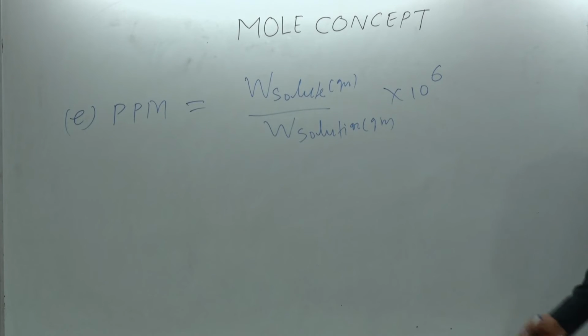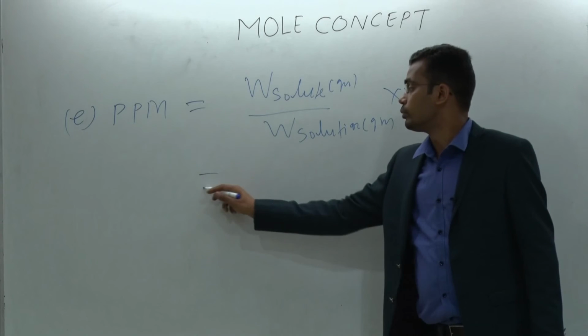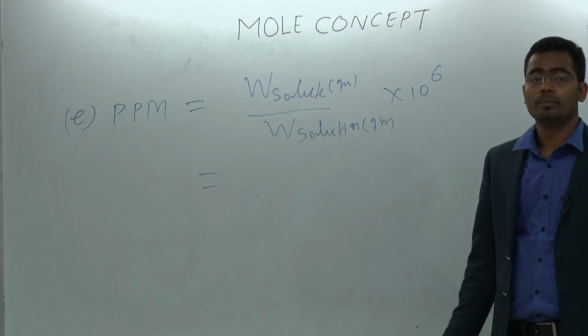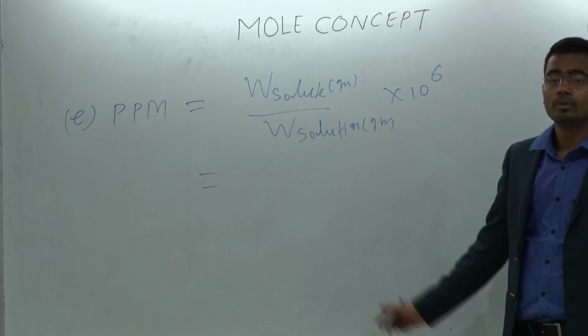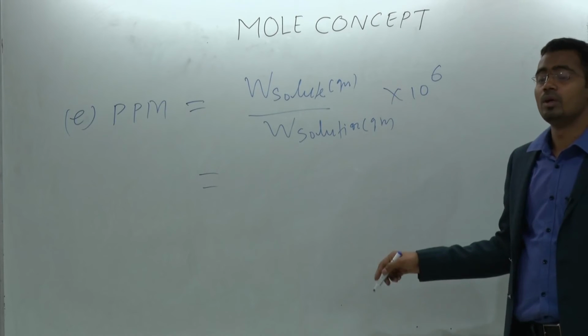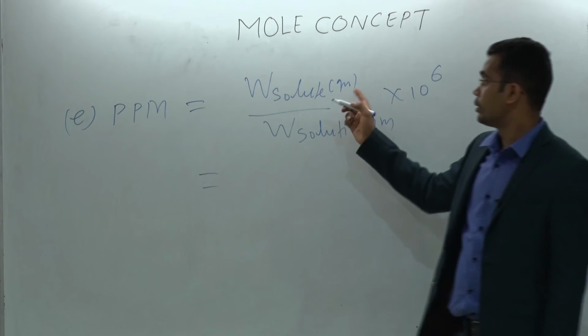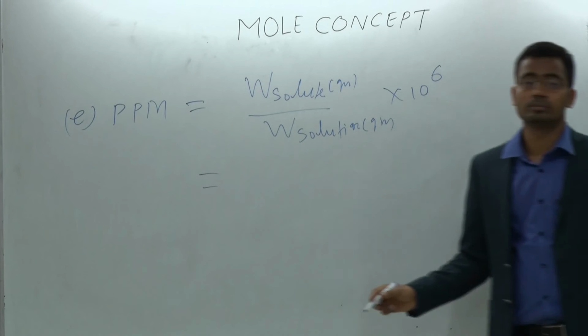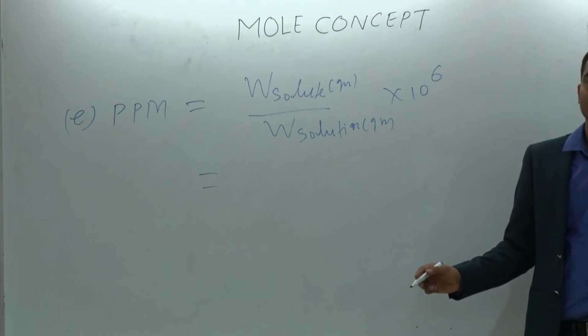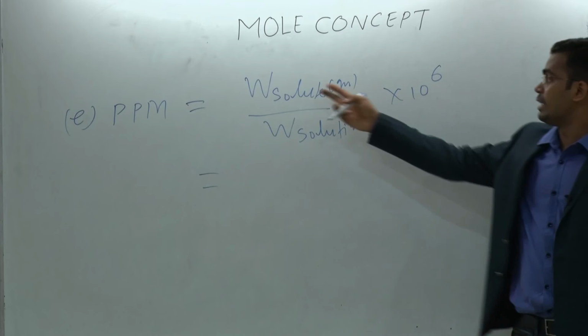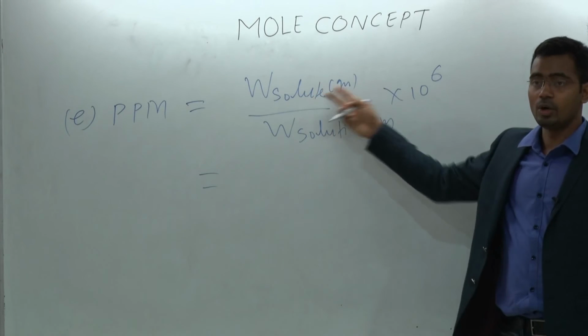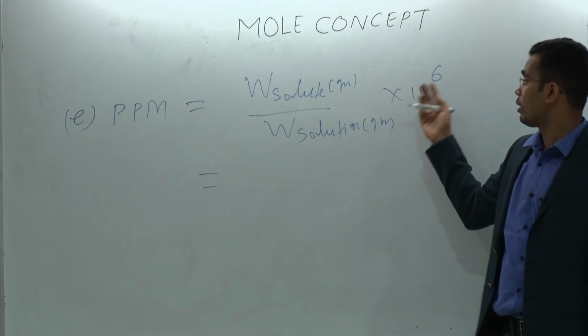Or you can also write this. The unit will be cancelled out. You can also write, see here, multiply this by 10 raised to 3 and divide by 10 raised to 3.